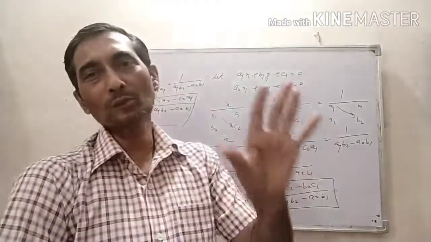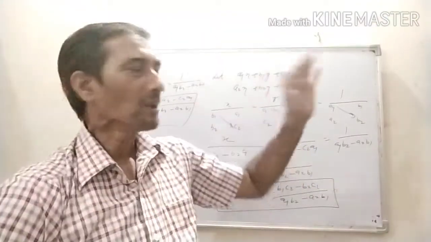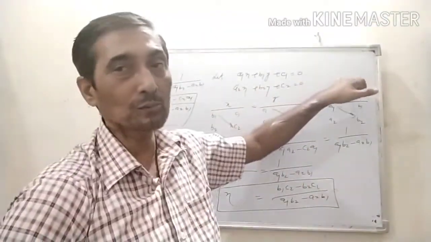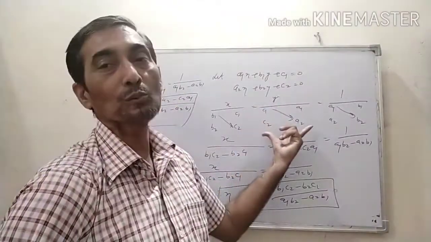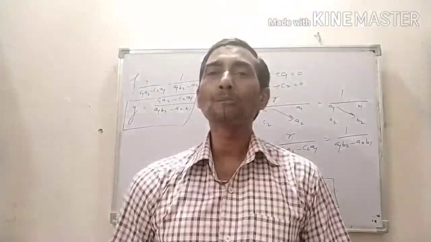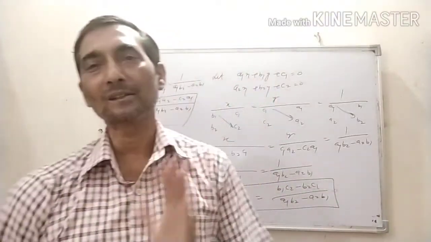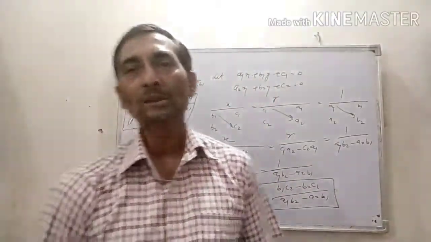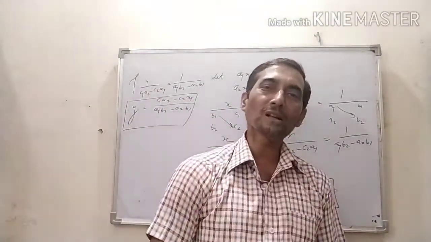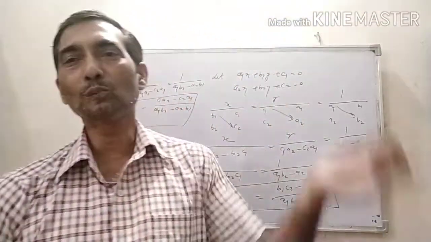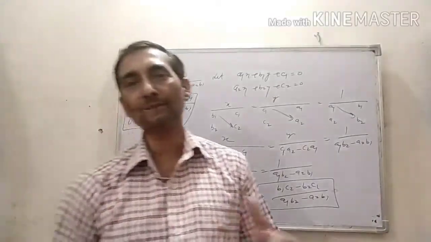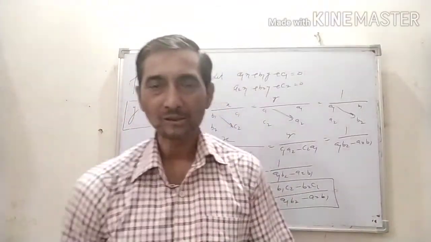When you have arranged your equations in the standard form and written equations 1 and 2, then apply this rule: x upon the coefficient of y and constant equals y upon the constant and coefficient of x equals 1 upon the coefficient of x and coefficient of y.